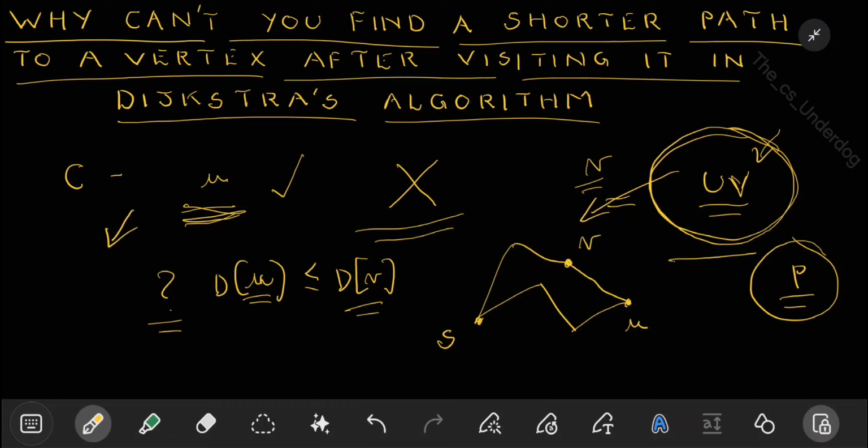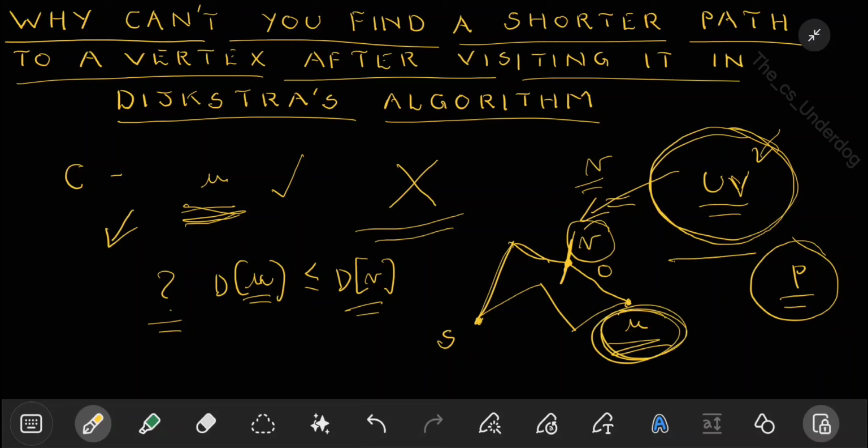If this is the case, that means the distance to this vertex V should be either equal to U or less than U. That is, even if you consider that the V to U distance is 0, still the distance till V should be at max the distance to U, or ideally it should be lesser than the distance to U. And if V has a distance lesser than U, then U should never have been picked in the first place, right?